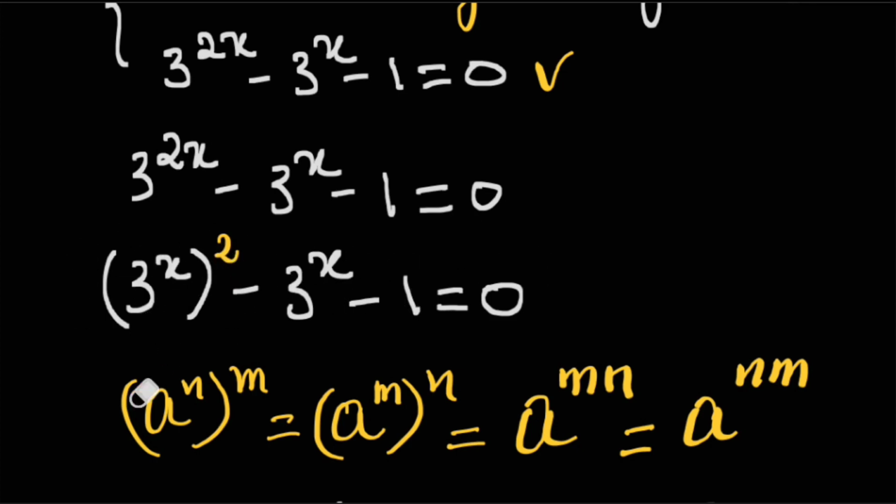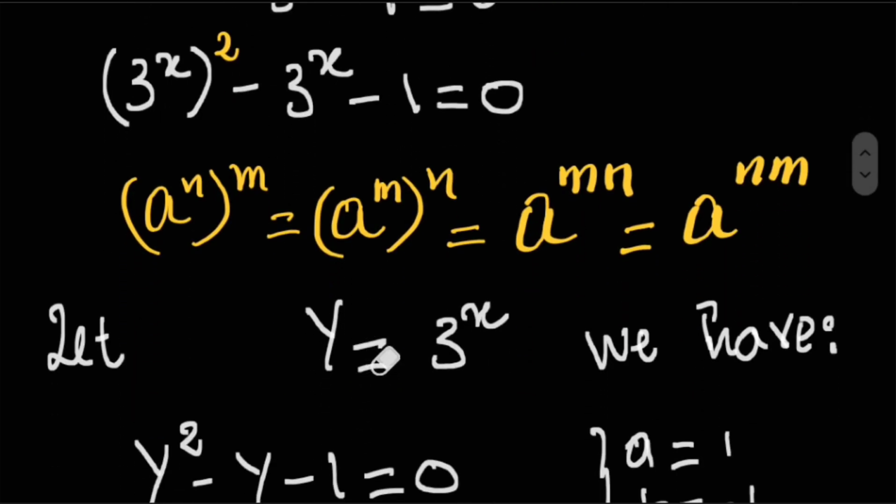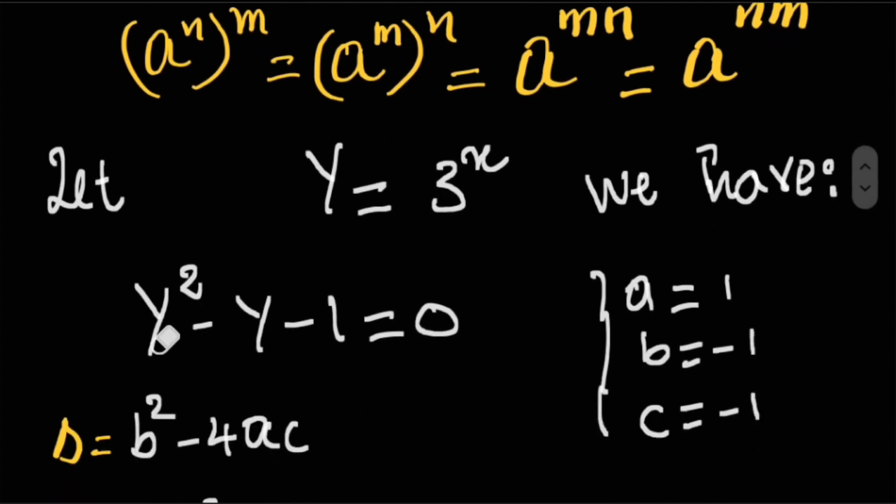At this level we notice that we have this 3 to the power x, so we can let y be equal to 3 to the power of x, and when we replace 3 to the power of x by y in this equation, we have this equation here.